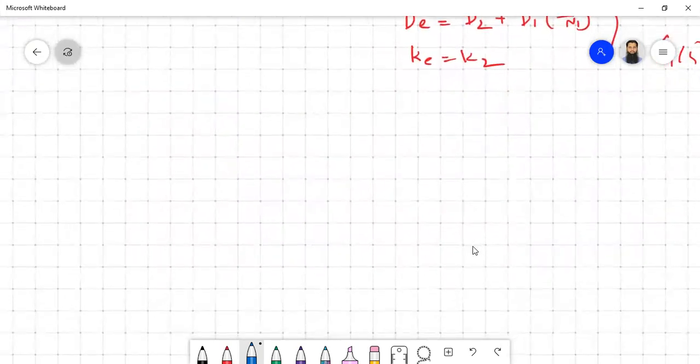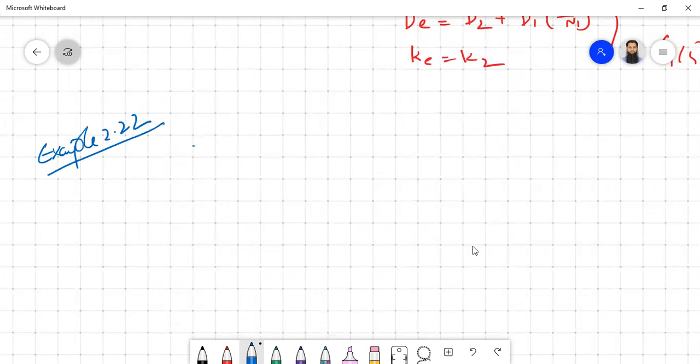Example 2.2. In example 2.2, we have a diagram like this.